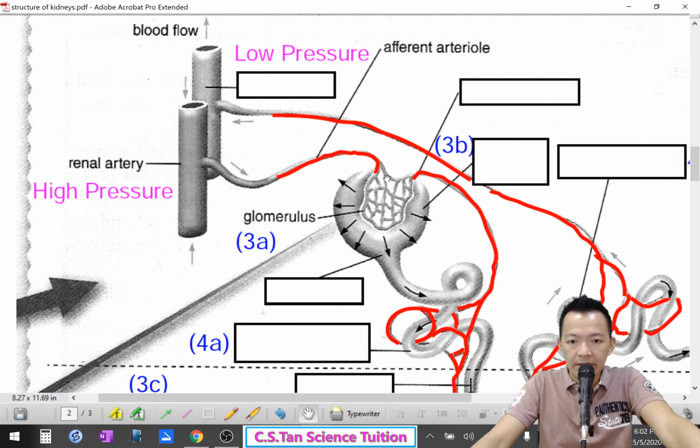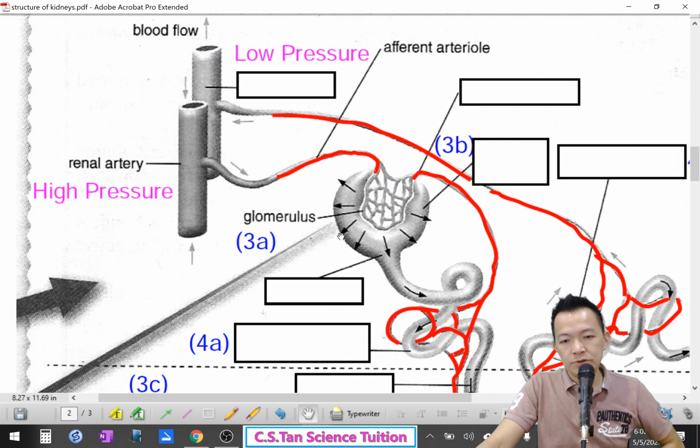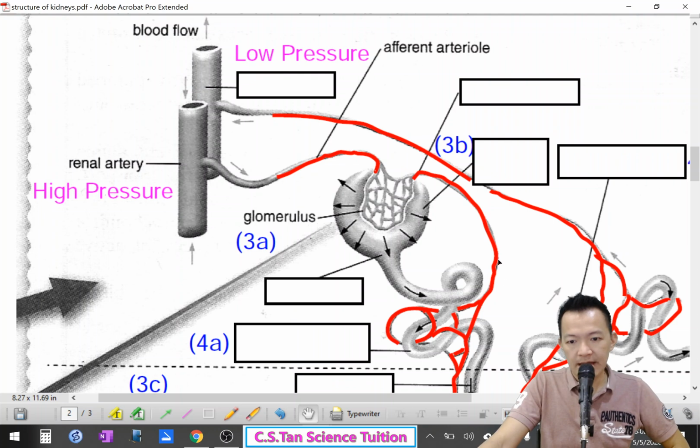So because of the high blood pressure, when the blood flows through the glomerulus, which is actually the blood capillary, some of the material will diffuse through the blood capillary, but some of the material will continue to flow inside the blood capillaries.